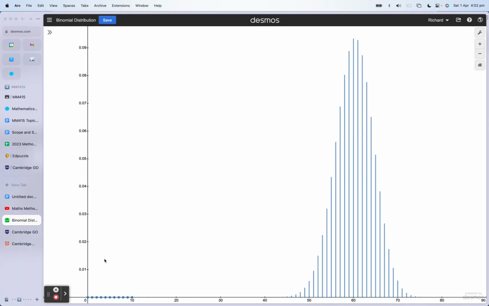I was about to stop the video, then I thought I might just finish by saying, just to make it really clear, this x-axis is the number of successes, of course. Okay, so 0 successes, up to 50 successes, up to 60 successes. So that means 60 goals. The reason why I said it goes to 86 is because the maximum number of successes you can have if the trial number is 86 is, of course, 86.